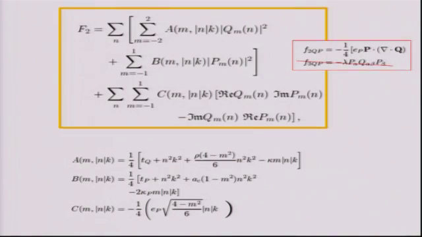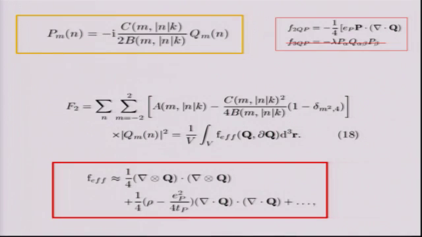Let me not go deeply into details, but I will show you what follows from that minimization. Namely, you get the free energy, which is totally expressed in terms of amplitudes Qm, which were on one of the first transparencies.